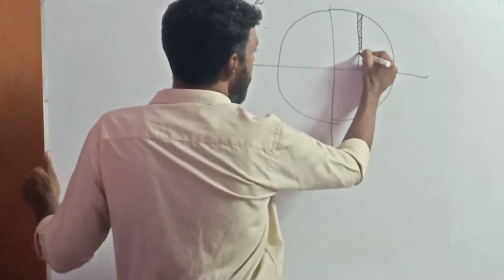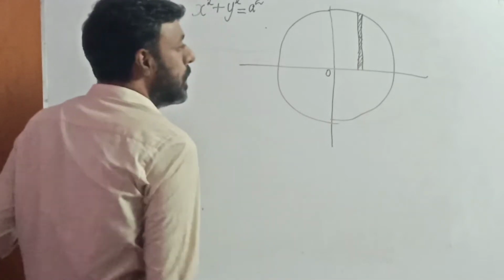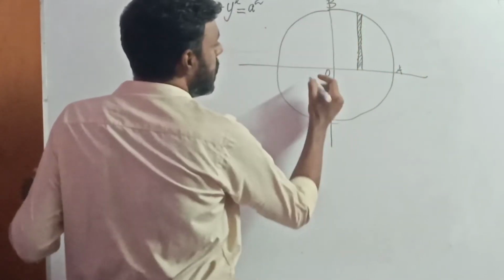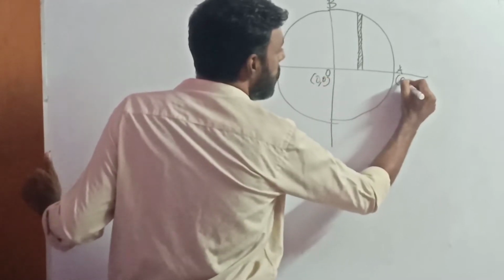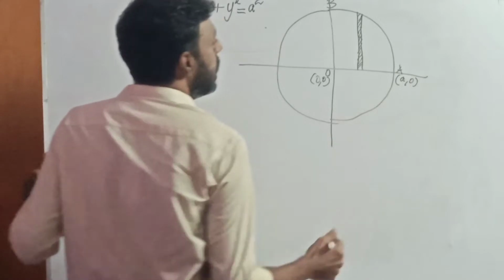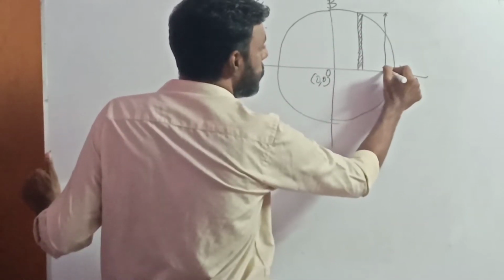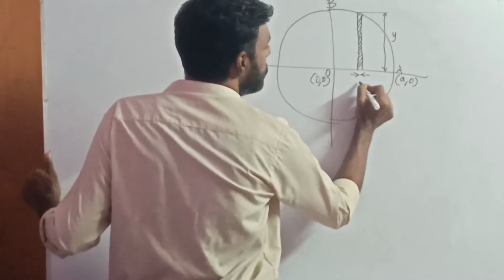This is origin point O. This is point A, this is point B. This is 0 comma 0, this one is A comma 0, right? So the length of the strip is y and the breadth is dx.